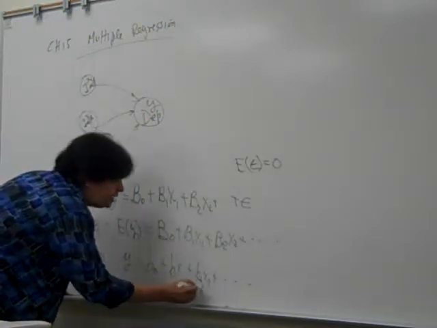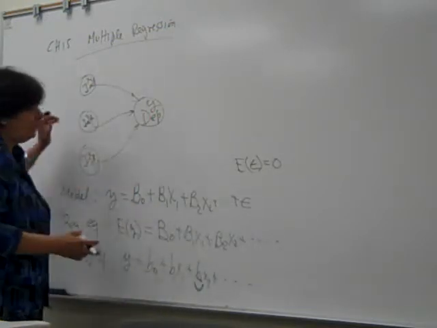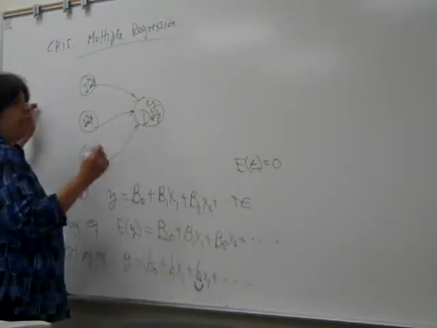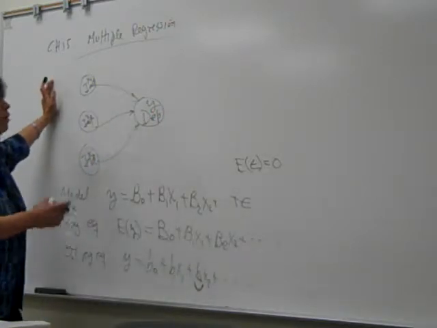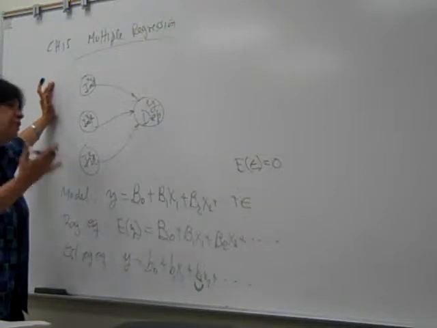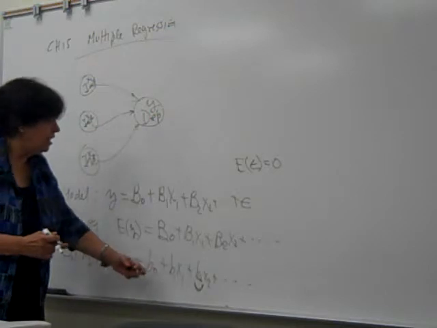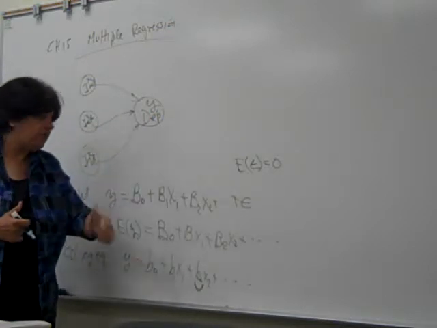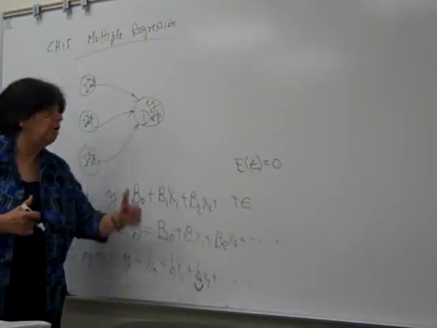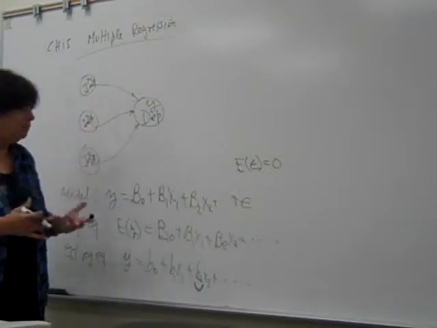Now, these numbers, the b1, b2, and so on, are nothing but the interpretation of how much is going to change my dependent variable if I increase 1 unit of my particular independent variable.